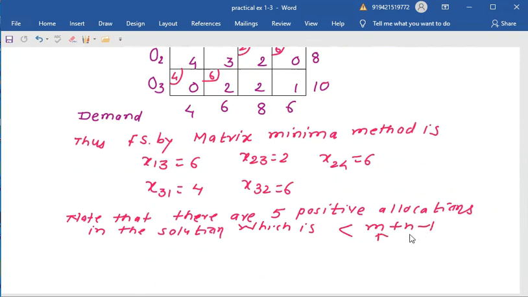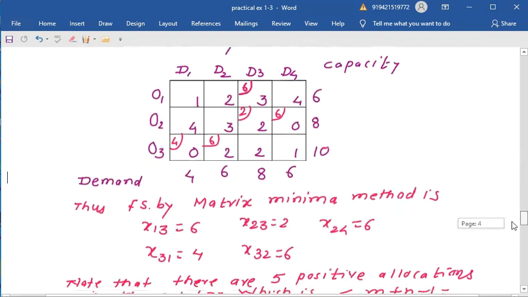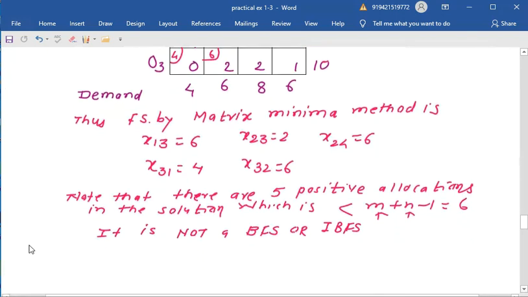M means the number of rows, n means the number of columns. So how many rows are there? 3 rows, 4 columns. 7 minus 1 equals 6. So the number of positive allocations in the solution is less than m plus n minus 1. So it is not a basic feasible solution, or initial basic feasible solution. So we do not get an initial basic feasible solution by this method.